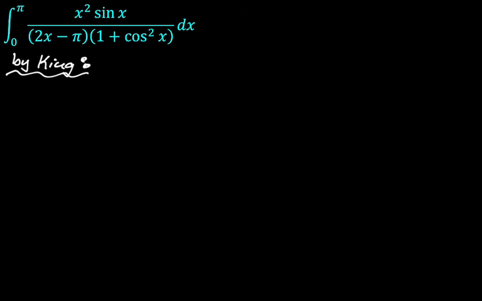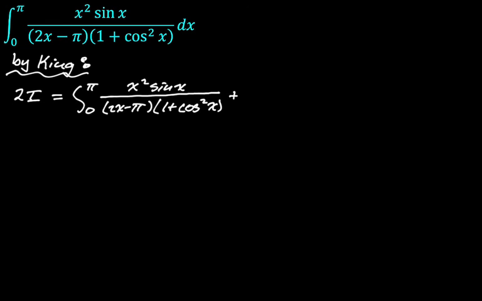So I'm going to say 2I is equal to the original plus, it's 0 plus pi minus x. So pi minus x is our substitution. So pi minus x squared, sine of pi minus x, which we know is the sine of x, over. Now here we have to work this out. So we're going to have 2 times the quantity pi minus x minus pi.